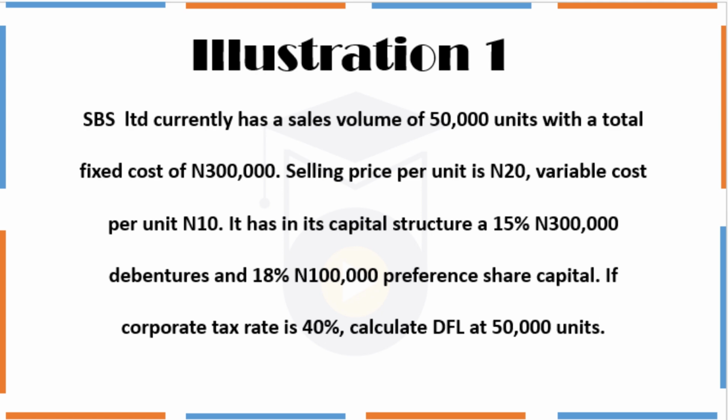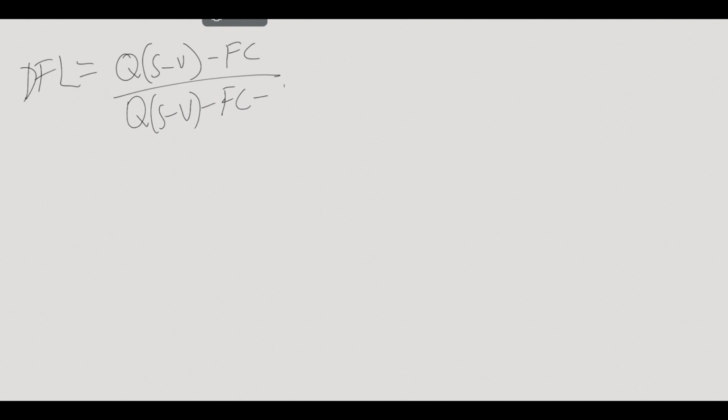So we want to calculate the DFL based on the question. As usual, we're going to write out our formula that is relevant to the question and extract our variables. So DFL equals Q into S minus B minus FC divided by Q into S minus B minus FC minus DP over 1 minus T, right?